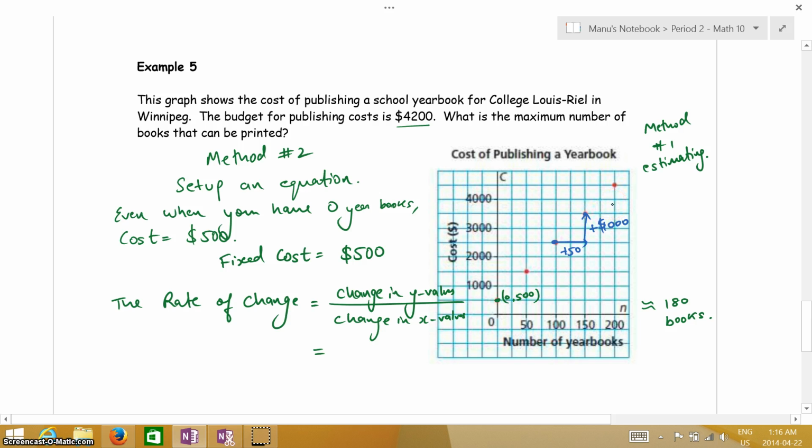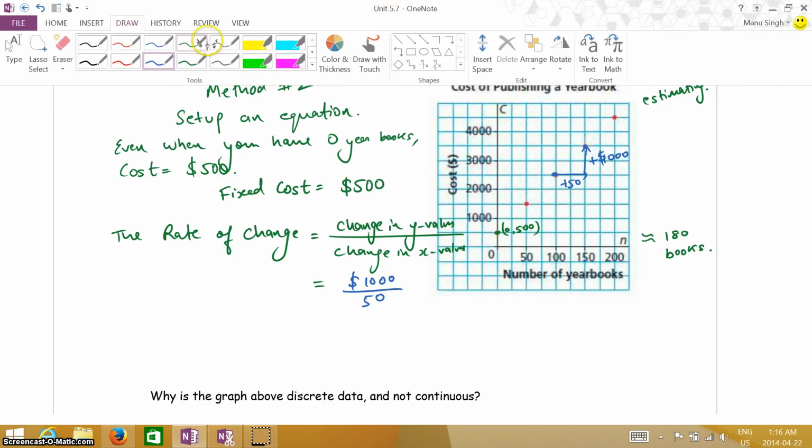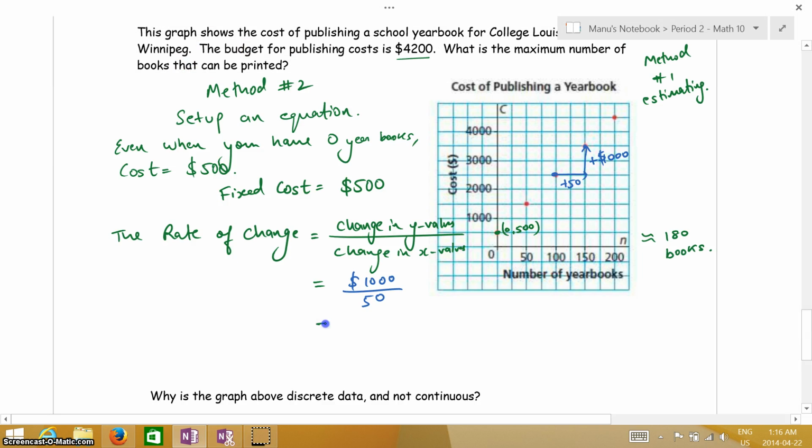So which means our rate of change is going to be the y value went up by $1,000, and over the same span our x value went up by 50 books, which means the rate of change, or the cost price of one book, ends up being, what is it going to be? You guessed it, $20 per book.